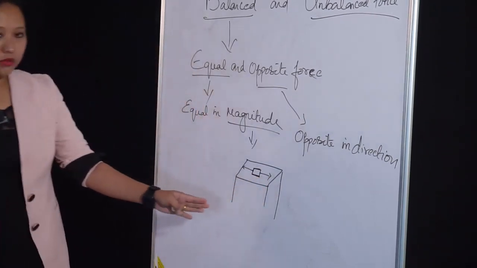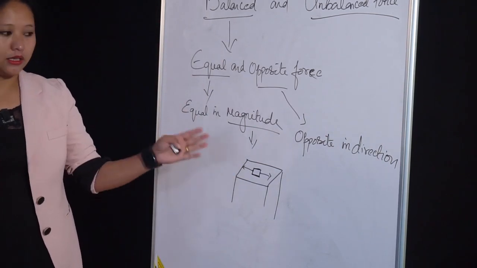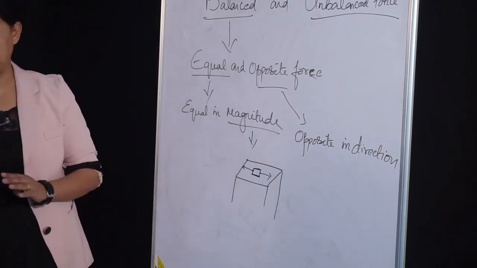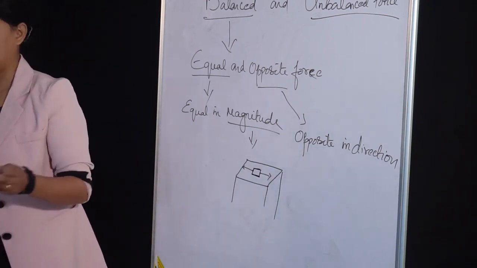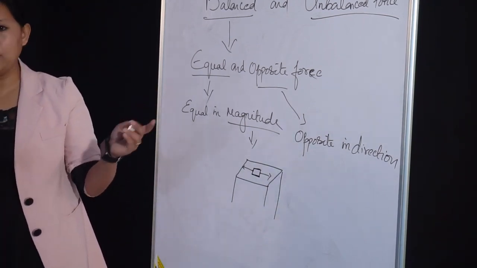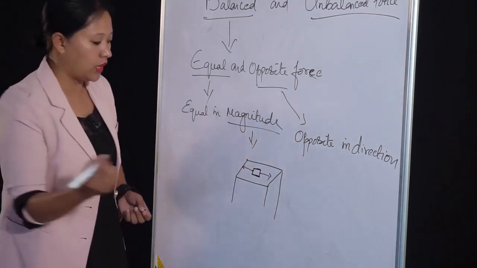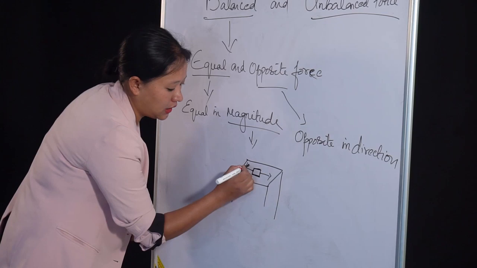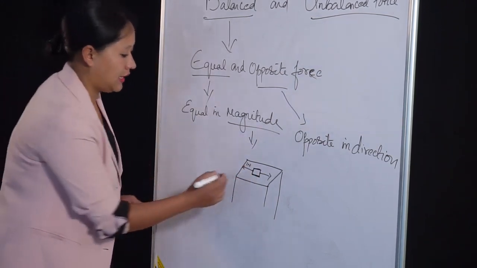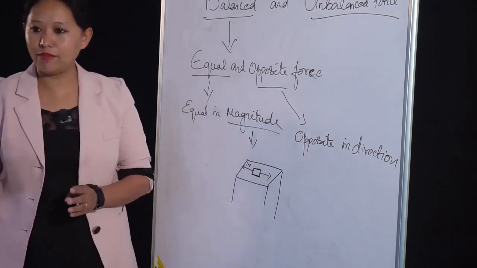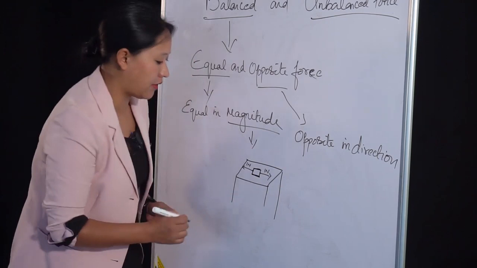And as we all know, the unit of force is Newton. So we apply a force of 1 Newton in this direction, and again the same force, 1 Newton, in the opposite direction.